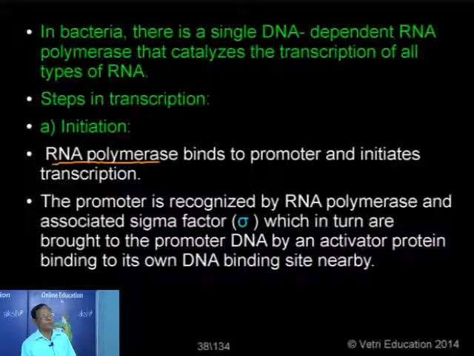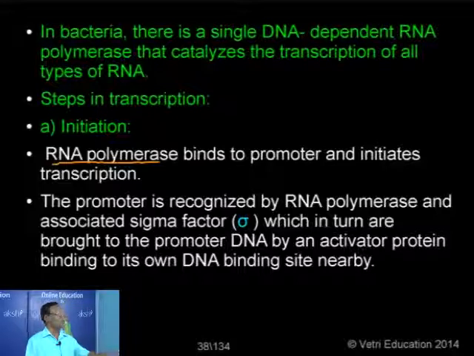It does not have the ability to find out where the starting site is, namely the transcription starting site or TSS. And it is the promoter which directs this RNA polymerase to the site of transcription, the starting site. So for that this RNA polymerase has to bind with the promoter. So, that is the initiation.